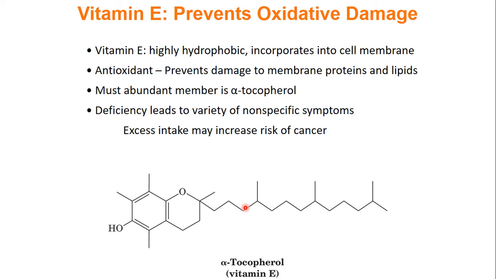The most common form of vitamin E is alpha tocopherol, shown here. And if you do not have enough vitamin E, you have a lot of nonspecific symptoms. So it's very hard to diagnose deficiency in vitamin E because that can have a variety of symptoms. However, if you take too much vitamin E, then you might have an increased risk of cancer.